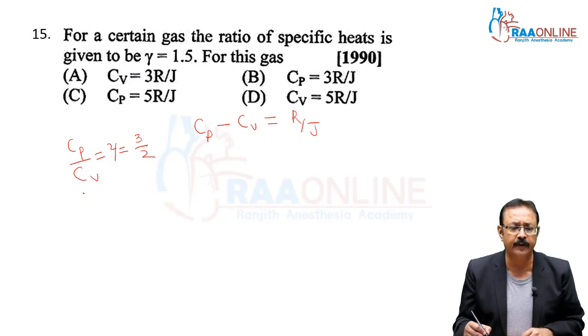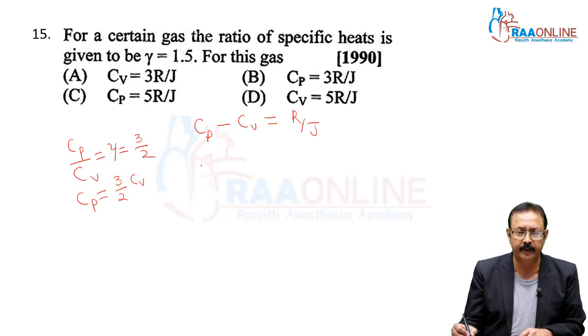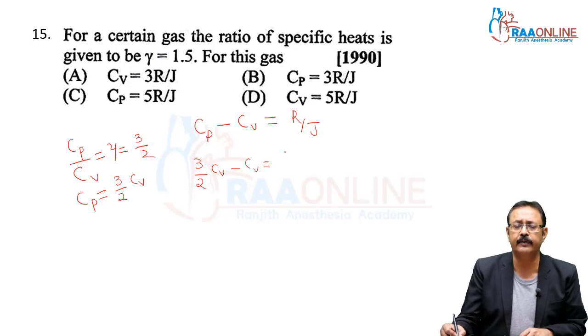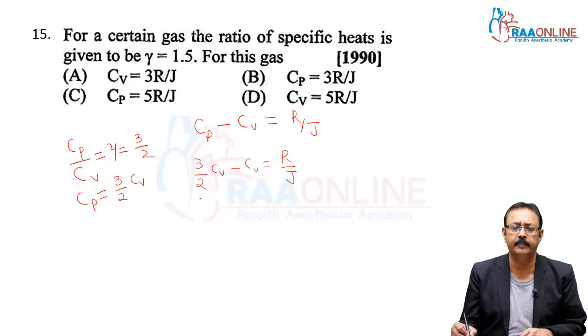So we will calculate for Cp. If not getting the answer, we will go for Cv. So Cp should be 3 by 2 of Cv. In place of Cp, I am writing 3 by 2 of Cv minus Cv is equal to R by J. 3 by 2 minus 1 means 1 by 2.